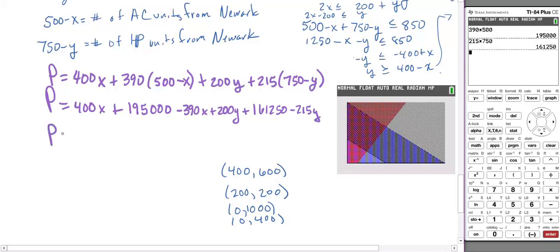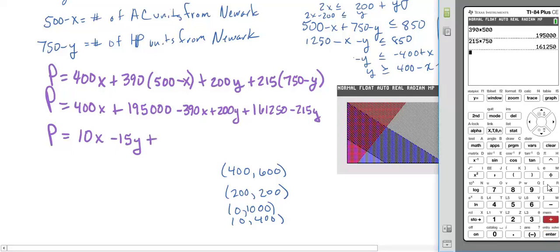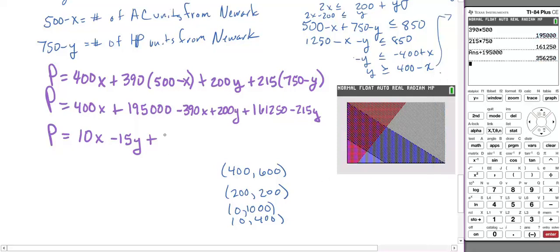Continue simplifying, just get our like terms together. That gives us 10x minus 15y plus, when I add up those two numbers I calculated there, 356,250.